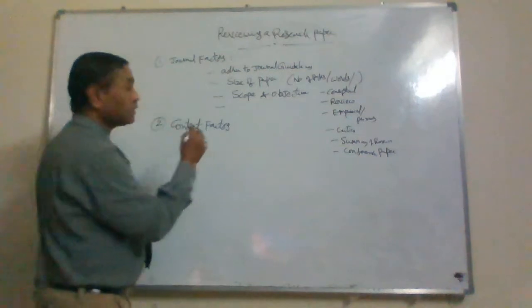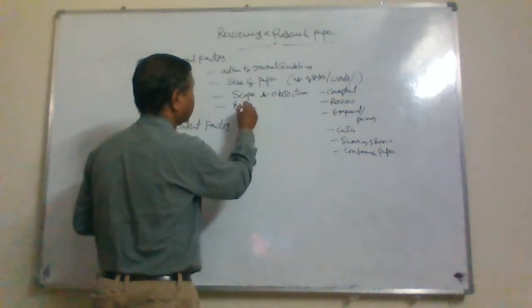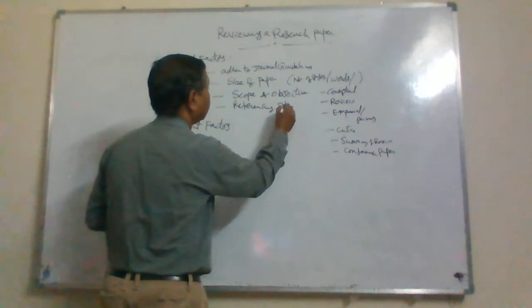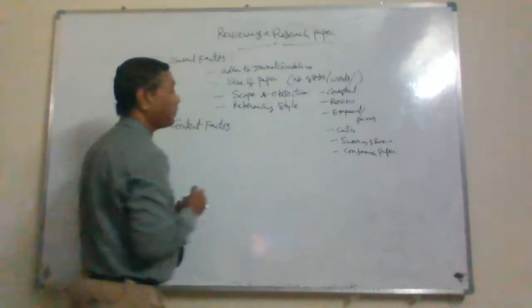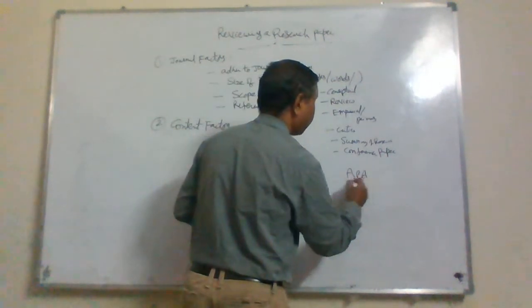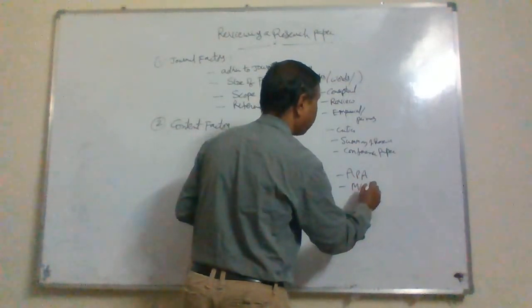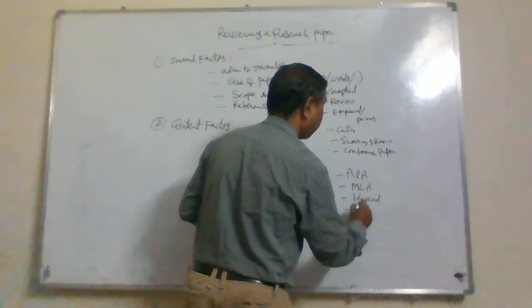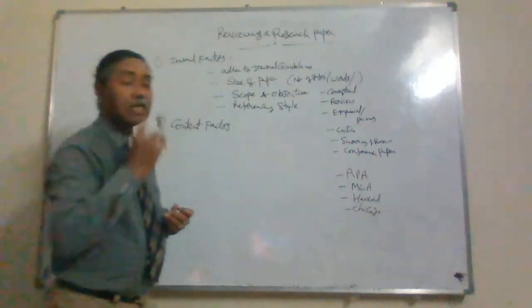Next one is referencing style. You know this, right? There is APA, the American Psychological Association, or MLA format. Others are Harvard and Chicago format. Different referencing styles are there.